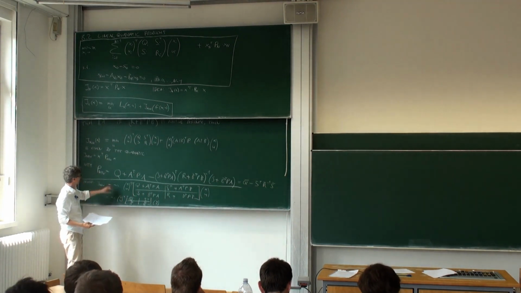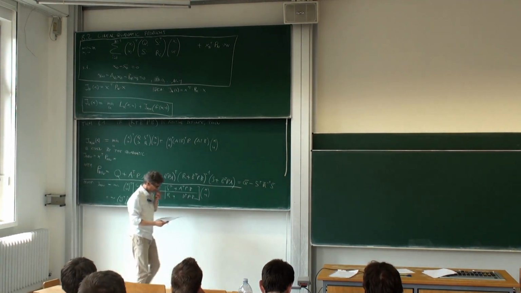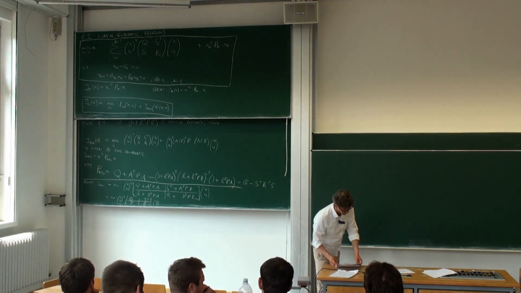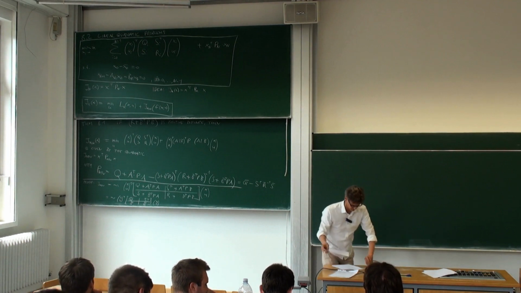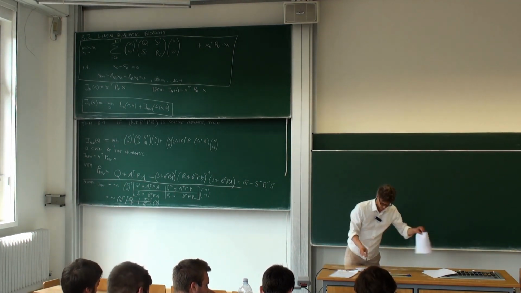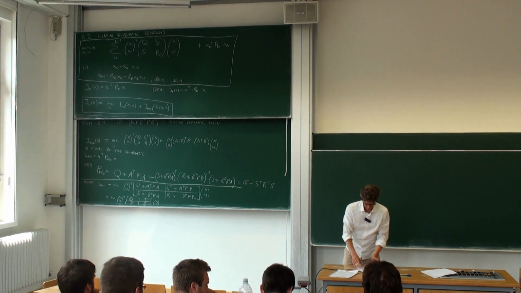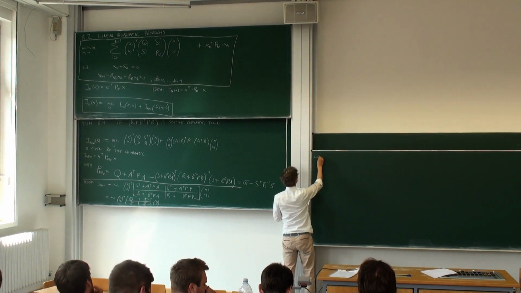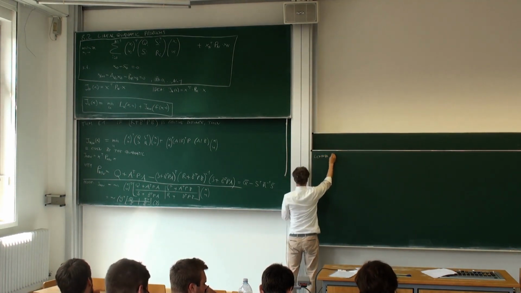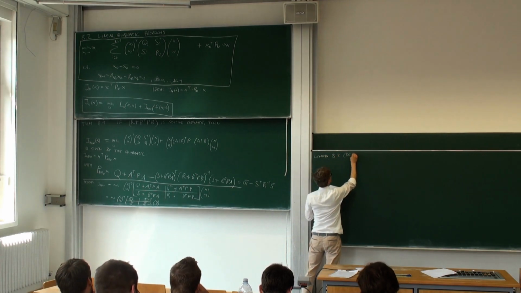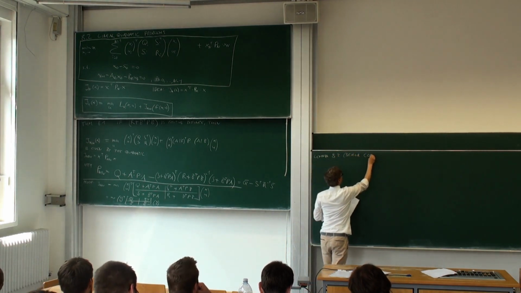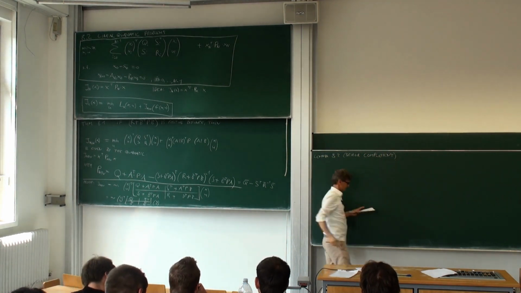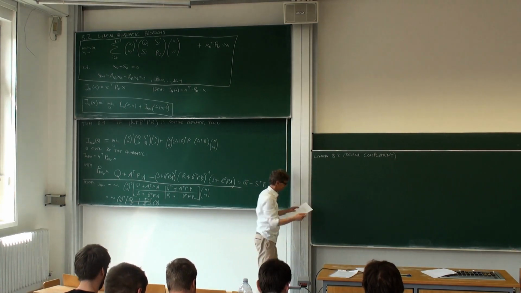So we need to show that indeed, and that's a lemma, and I call it the Schur complement lemma, as it's generally called. I will write it down here. So there's a lemma. We call it 8.2, the Schur complement lemma. That's a very simple and nice thing.